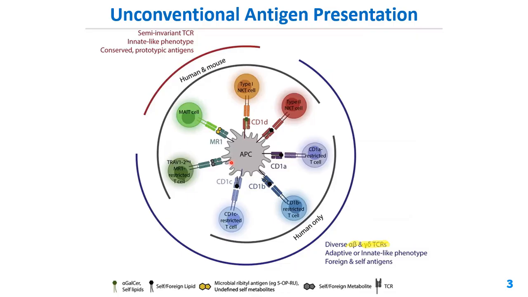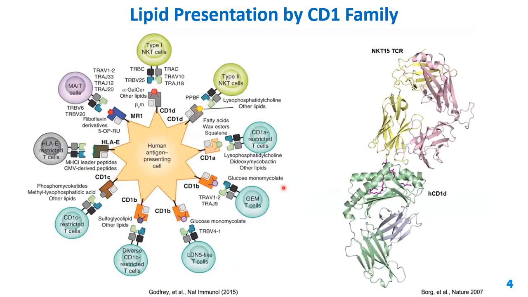Now, let me see here. Okay, so here are examples of the types of things that can be presented on the CD1 and can be detected by those T cells or T lymphocytes type. Okay, so I see first what are the T lymphocytes that can detect and can interact with your CD1 family.